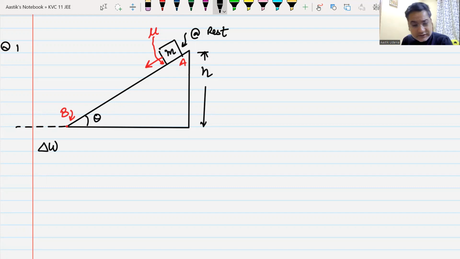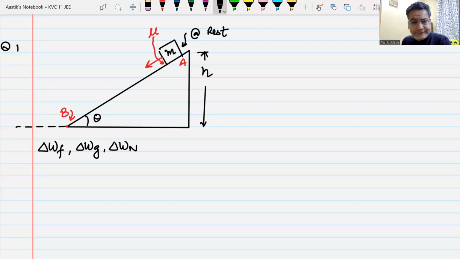Frictional force, gravitational force, normal reaction force.